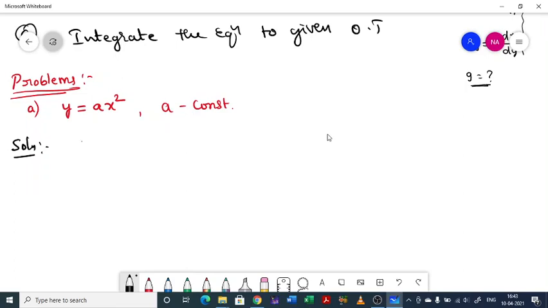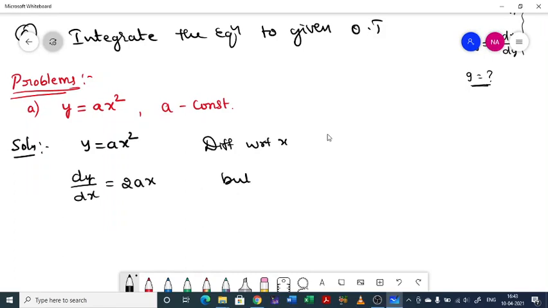Given y equal to a x square, we need to find its differential equation. Differentiating with respect to x, you get dy by dx equal to 2ax.